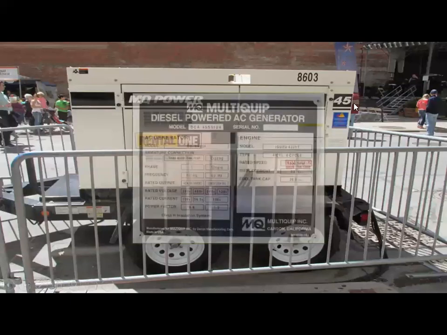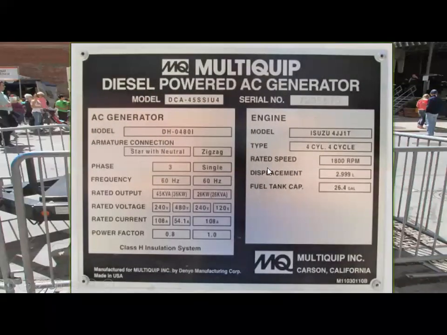So let's take a look at a nameplate here for a second. And so first, a couple things I want to mention over here on the engine side. We can see that the model and the type, four cylinder.